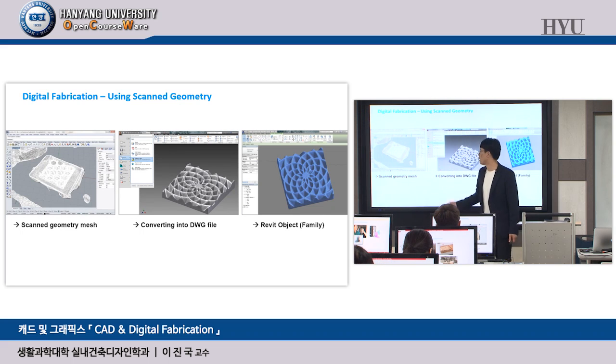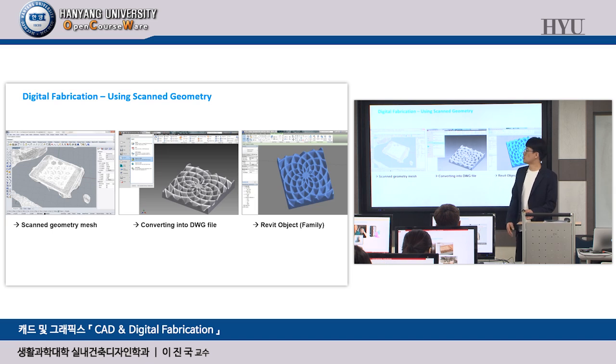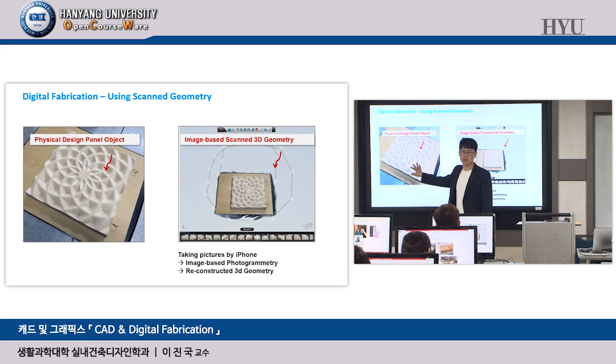Simply edit, unnecessary geometry can be removed. You can add some more or modify using this kind of tools. At the end, take a look. This is the computer file, and this is the real product.